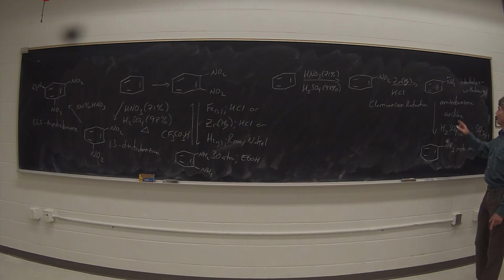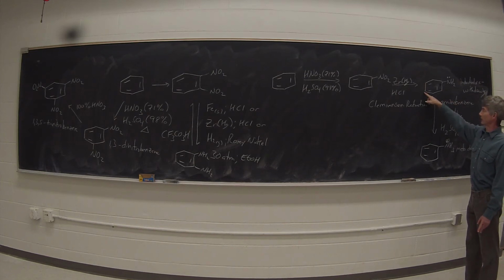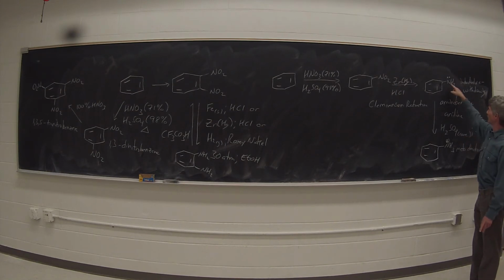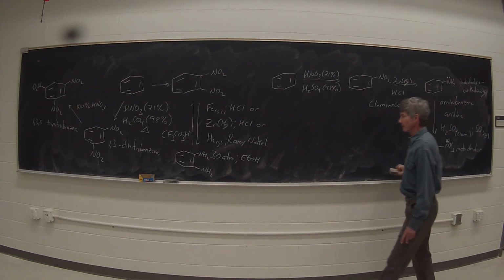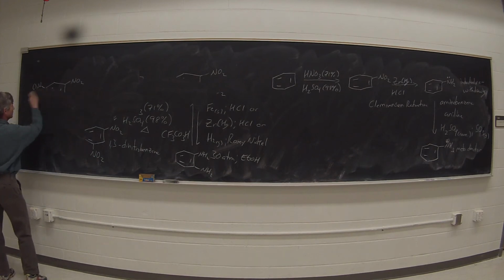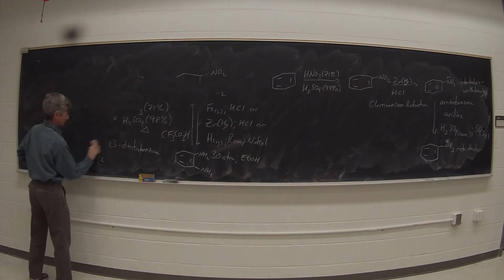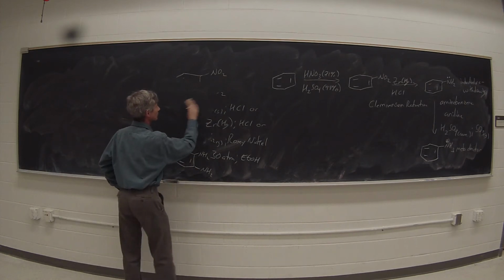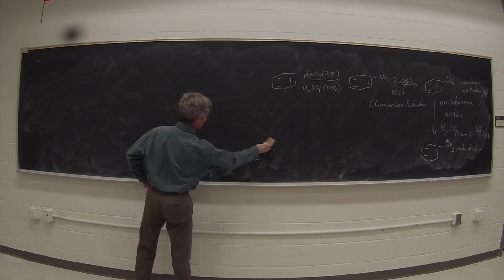So if we're going to accomplish putting a substituent there in the 2 position or the ortho position, we're going to have to protect the 4 position, which we will do as a sulfonic acid because that's a reversible reaction. But we're also going to have to protect the NH2 group so that we don't get this protonation. So protecting group chemistry is often important in synthesis problems in general, and also specifically on aromatic rings, in order to prevent unwanted side reactions.